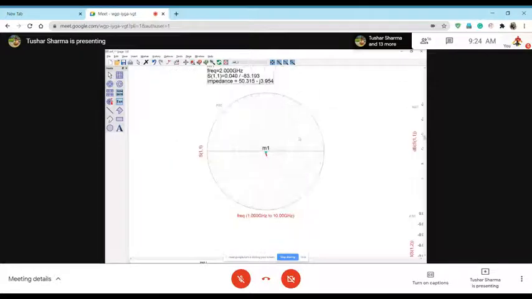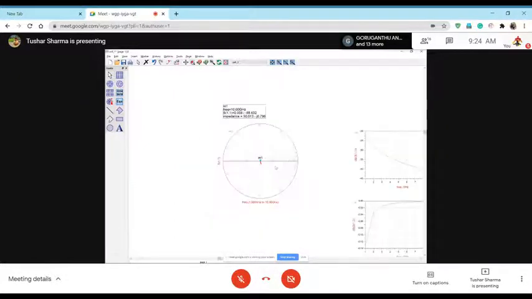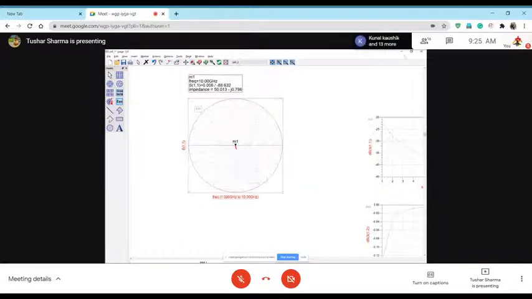So you see it is showing that from my frequency, say from 1 gigahertz up to 10 gigahertz, my impedance is varying like this, which means I am close to 50 ohms.